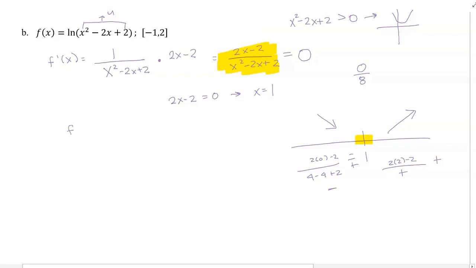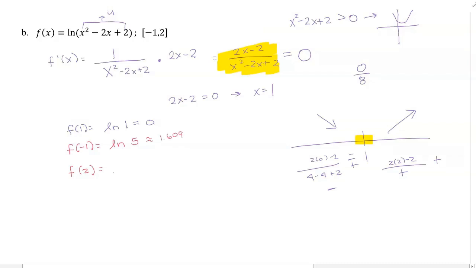I will find f of 1, then I will also find the function of those endpoints, -1 and 2. f of 1 will just be natural log of 1, and that's 0. f of -1 will just be natural log of 5, and that is approximately 1.609.